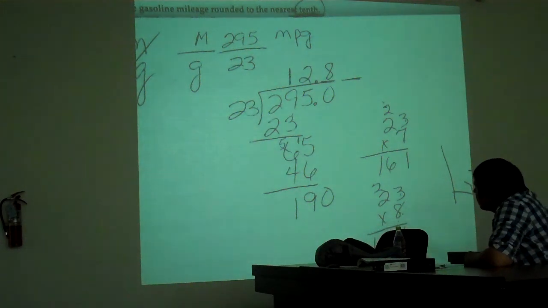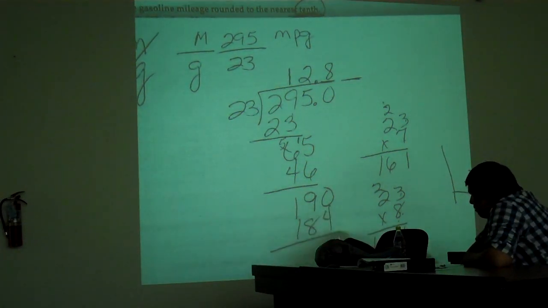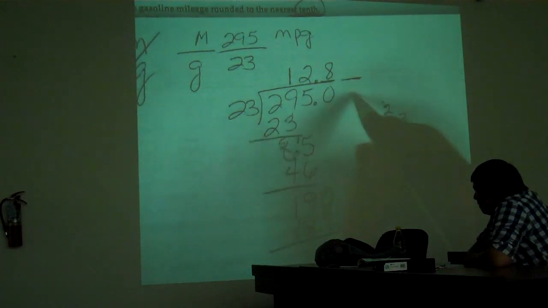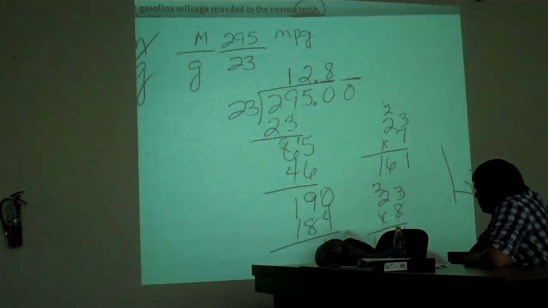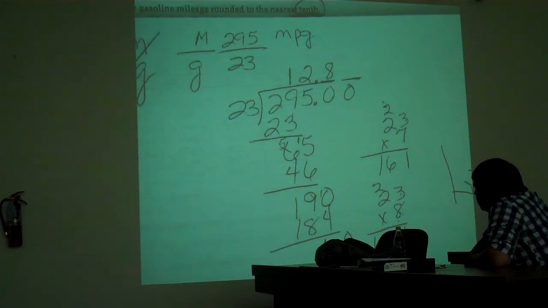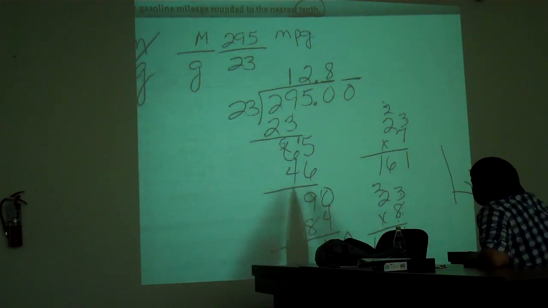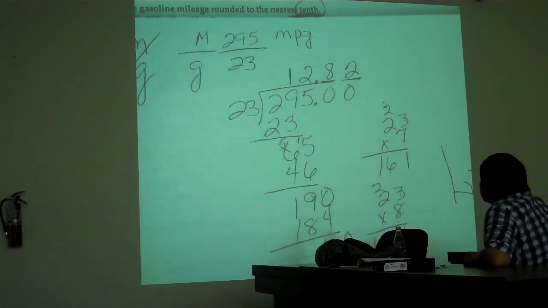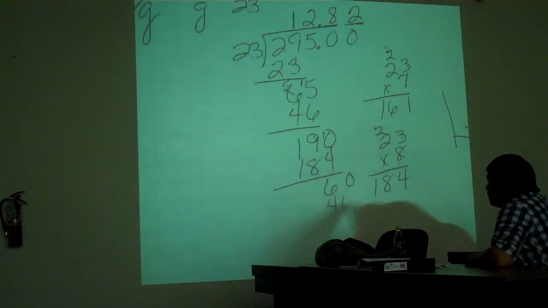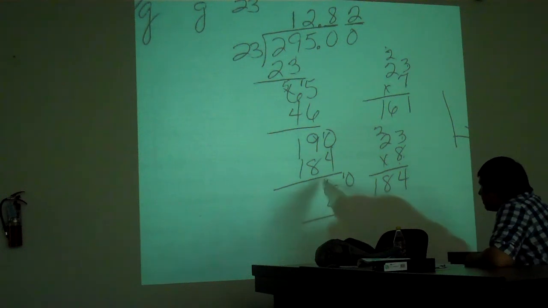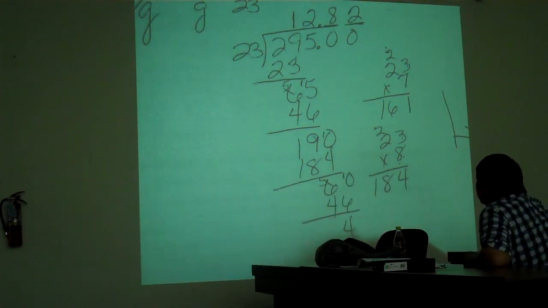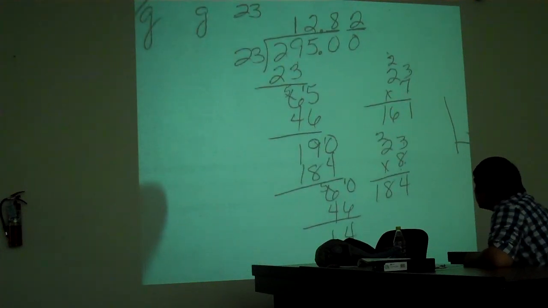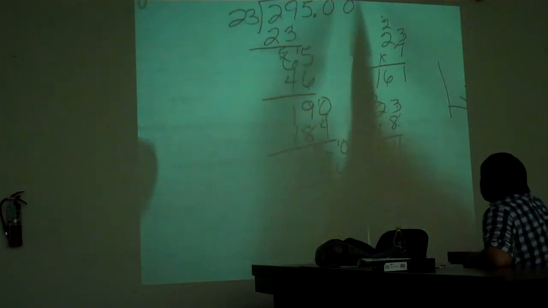8 times 23, 184. When you subtract, you get 6. Bring another 0 down. 23 into 60. 2 times 23 is 46. And the subtraction is not really going to matter. That's as far as we had to go anyway, right? You can just make sure that you've got the right number.